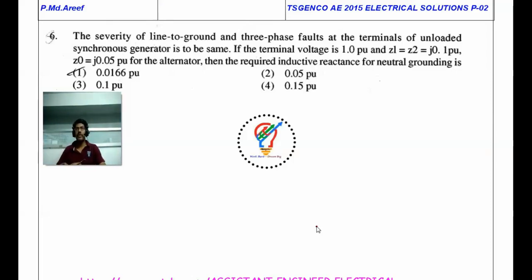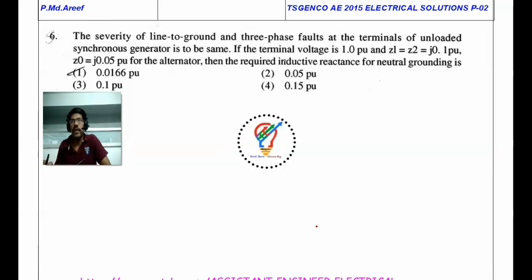Now in this session we will solve the Telangana State TSGENCO AE 2015 electrical solutions. The first question is: the severity of line-to-ground and three-phase faults at the terminals of an unloaded synchronous generator is to be the same.